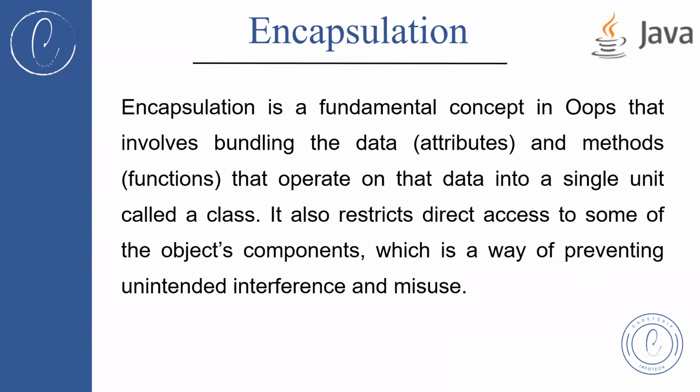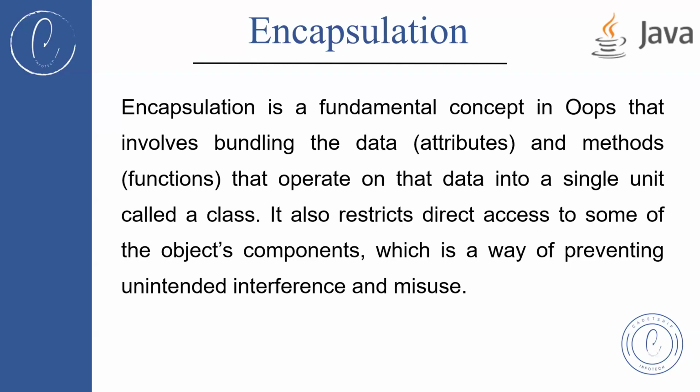So, as you can see in this video, I was using certain words like public, private. So, what are these? These are used to restrict direct access to some of the object's components. So, it is a way of preventing unintended interference and misuse.